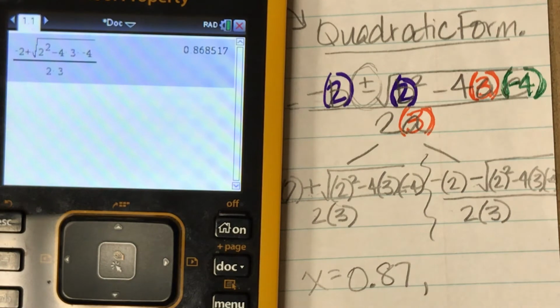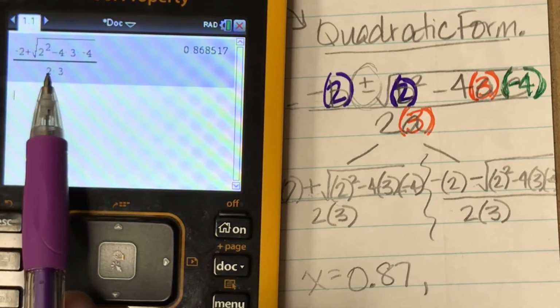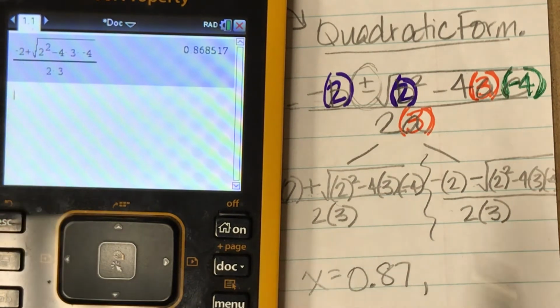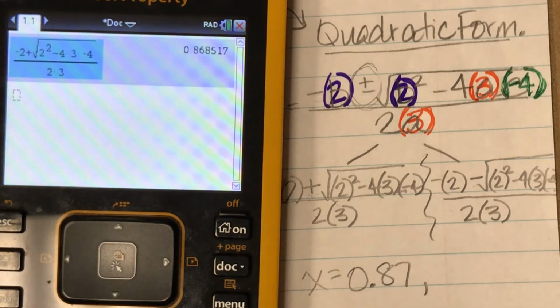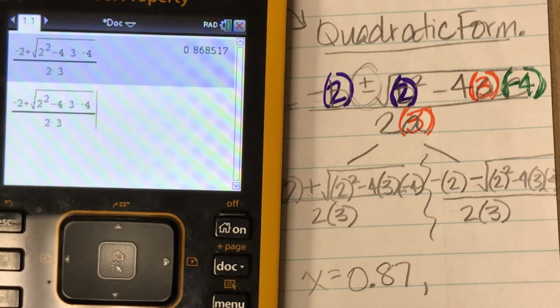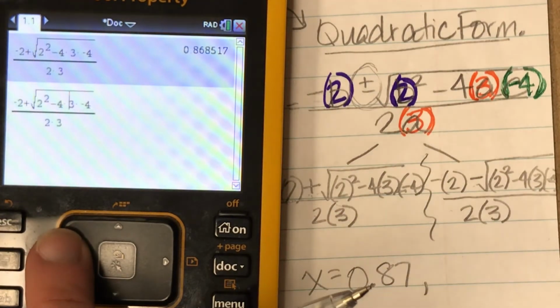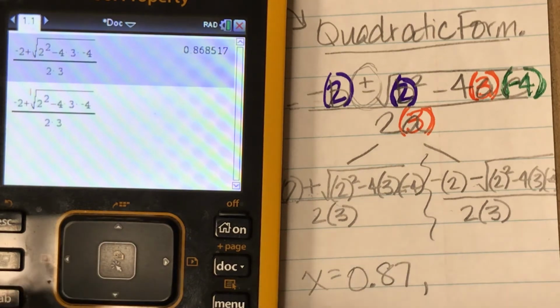Then to get my second answer, I want this exact same problem except subtraction instead of addition. So if I use the up arrow on my calculator until it's highlighted and then press enter, it will copy that entire problem over. Now I can use my side arrow to go back, delete the plus, and change it to a minus, not a negative, a minus.